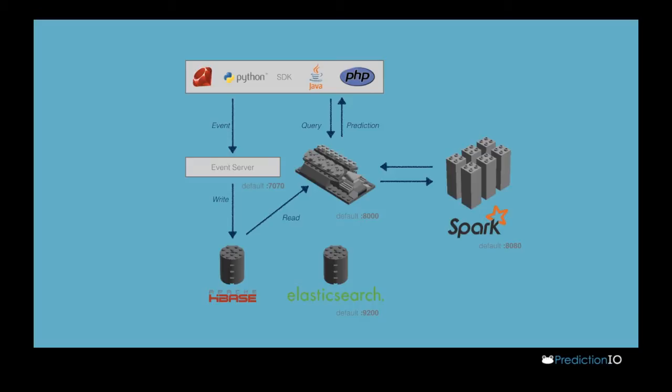We obviously support JSON queries, both to import data and to retrieve predictions. And we have this nice separation of concerns by the way that we separate out the different components with the DASE architecture. We also support model updates, so as new data comes in, you can retrain the model and redeploy it without having any impact on the deployed model.